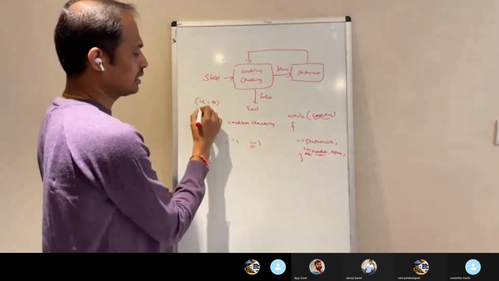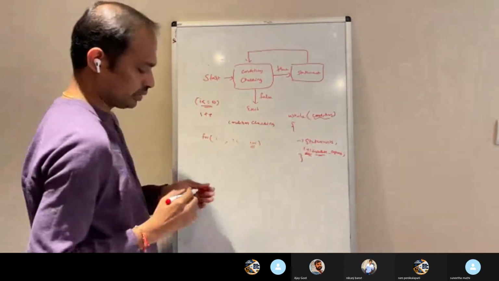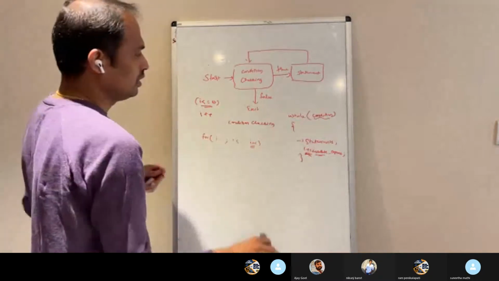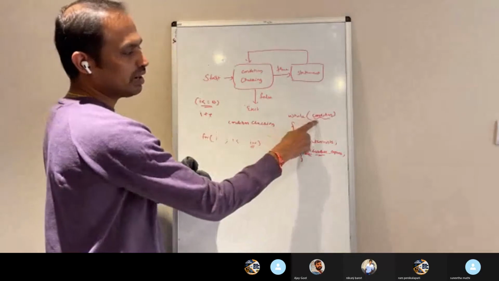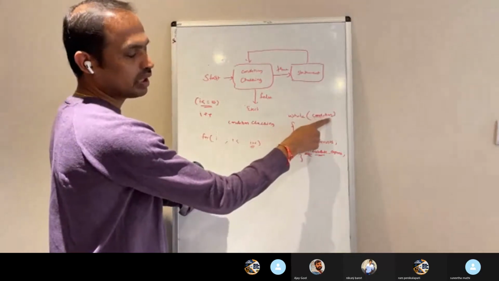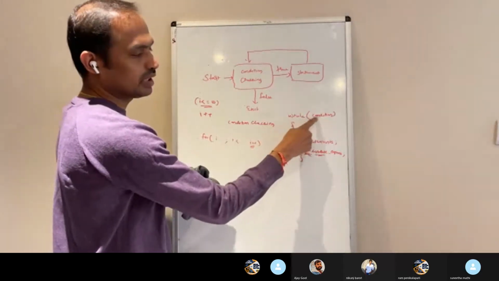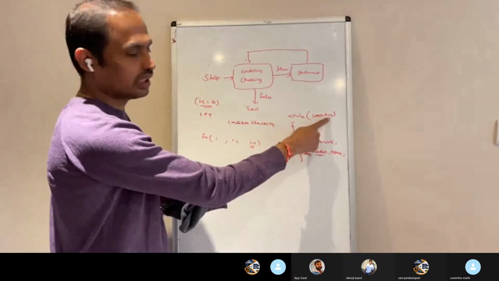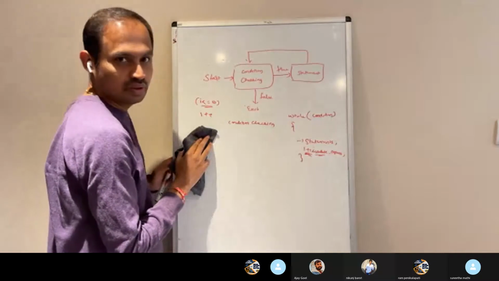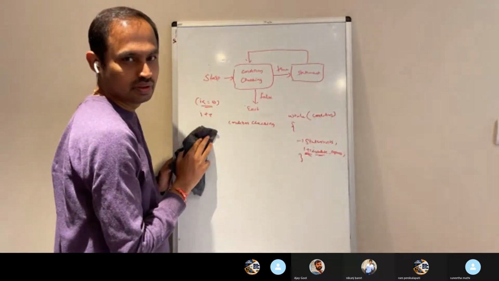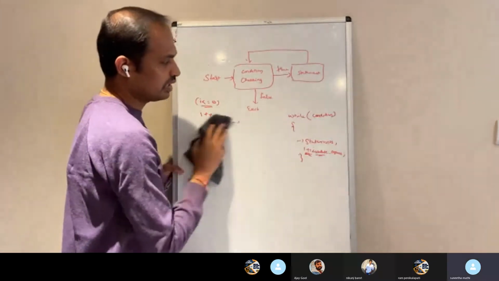This is the condition that we are going to give. So we'll have only one argument in the while loop, that is the condition check. Have you understood up till now? Yes.